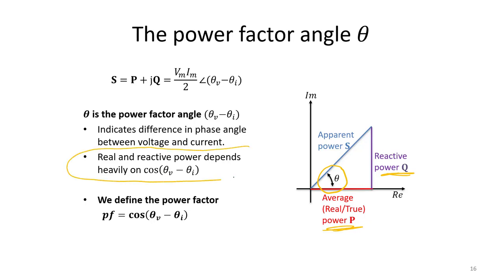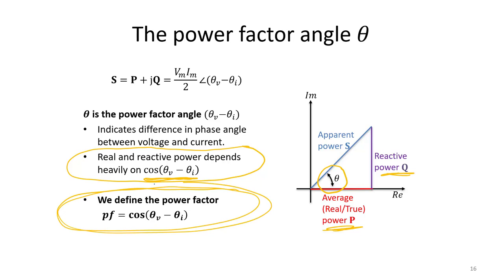So you can see based on our phasor diagram that the amount of real and reactive power we get depends very heavily on the cosine of theta v minus theta I. This quantity is so important that we call it the power factor. This is very important. So please remember, power factor is given by cosine of our voltage phase angle minus our current phase angle.